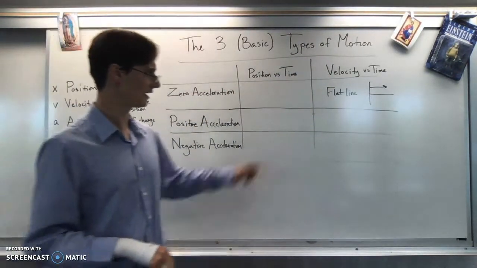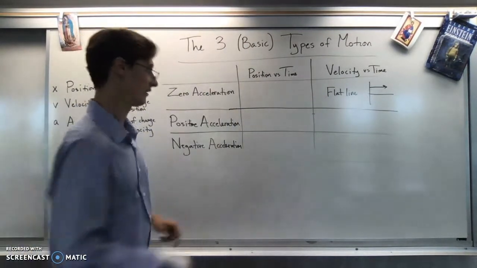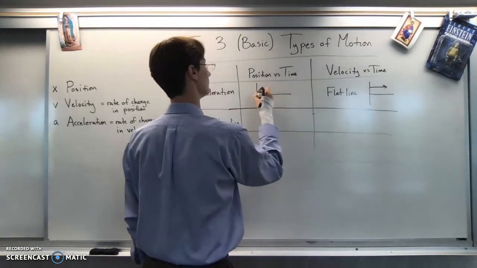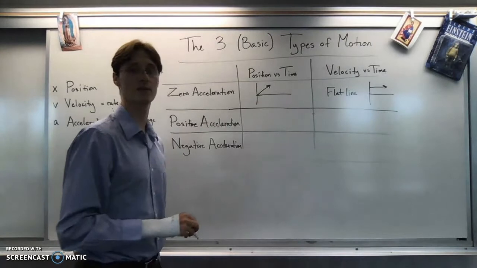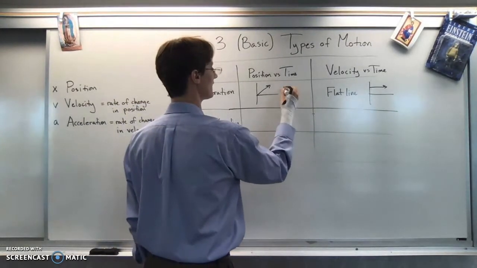So if the velocity versus time is a flat line, the position versus time would be something like that. In words, what we would say is that it is linear.